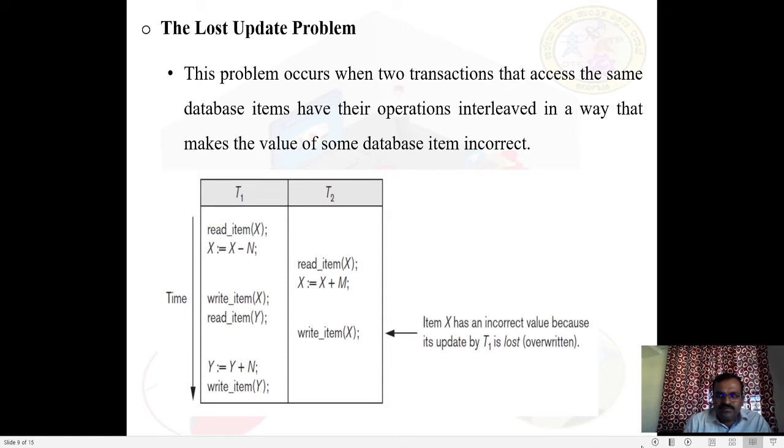Suppose the transactions T1 and T2 are submitted at approximately the same time, and suppose that their operations are interleaved as in this figure.